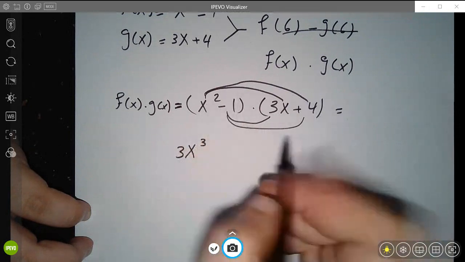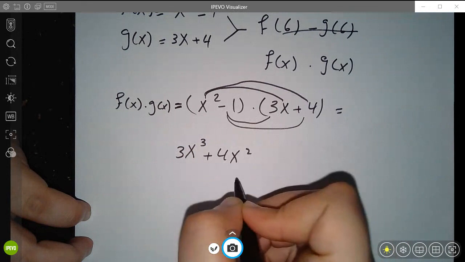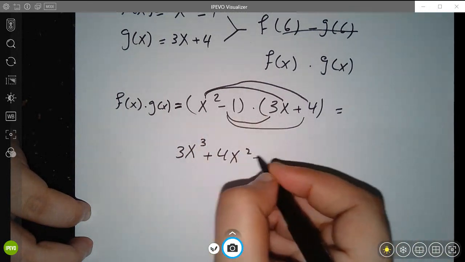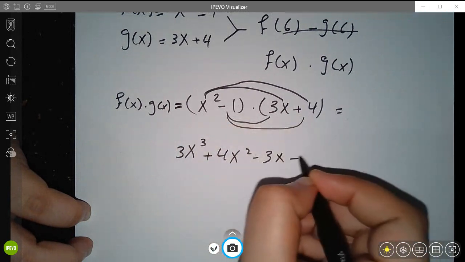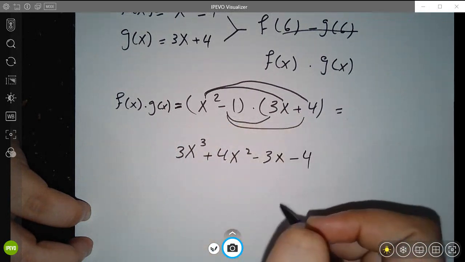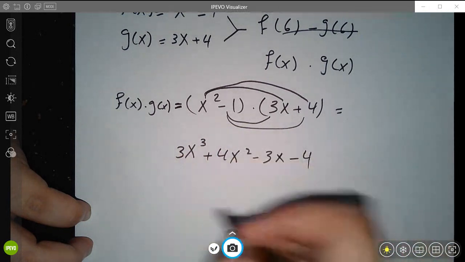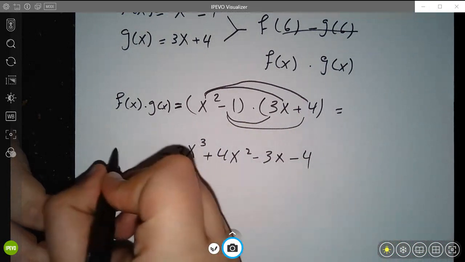Now x squared times the 4 gives you positive 4x squared. That's done. Now let's do the -1. -1 times 3x is negative 3x, and -1 times a positive 4 makes it a -4. And look at that, they're all different powers, so there's nothing you need to add or combine. It's already ready. That's your answer.